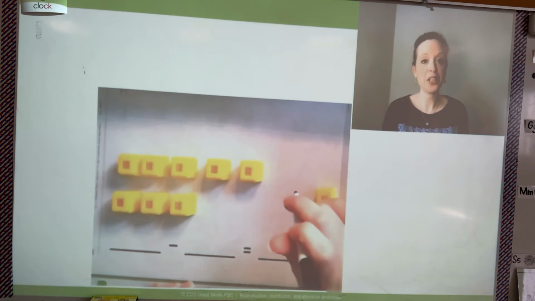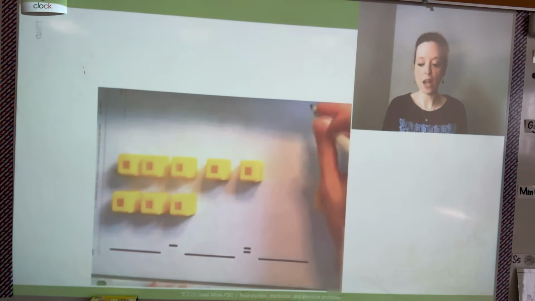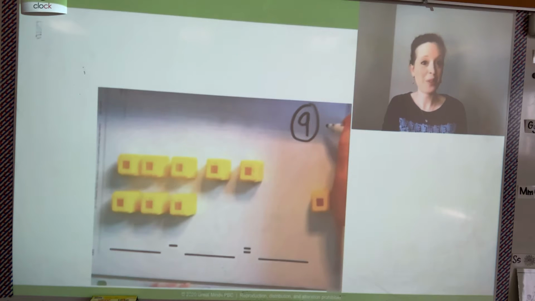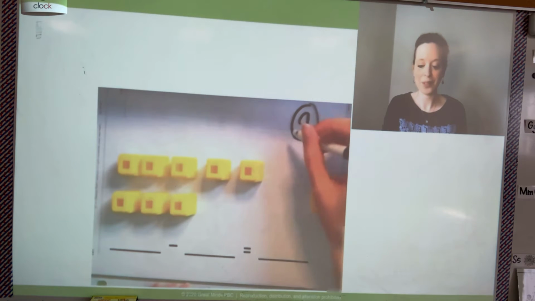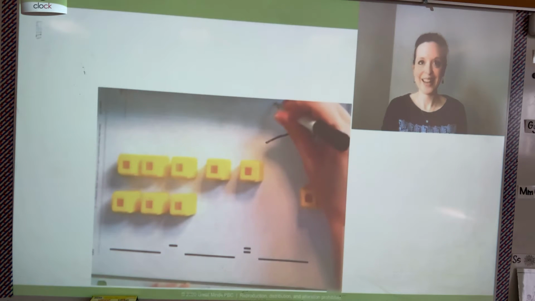So first, let's draw our hole. So we can draw 9 as the hole and a circle around. And then we have to draw our arms. We can draw arms to the side. One arm here, another arm over here.